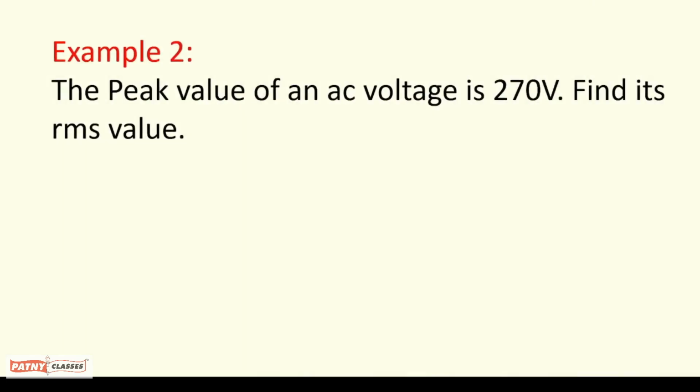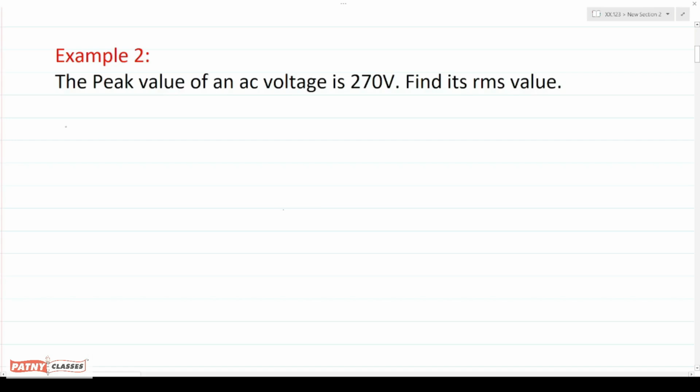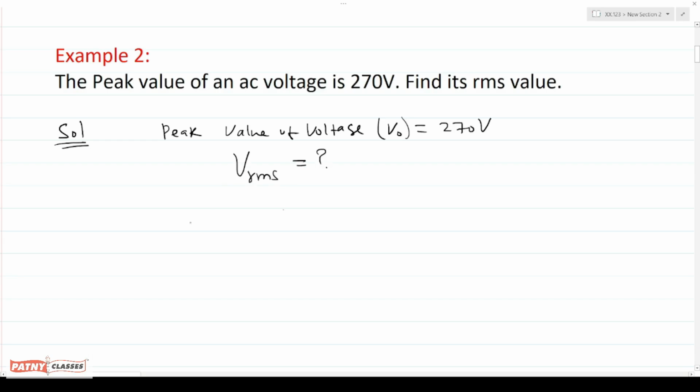Example 2. The peak value of an AC voltage is 270 volts. Find its RMS value. Solution. Here the peak value of voltage V0 equals to 270 volts. We need to find out VRMS value of voltage equals to how much.